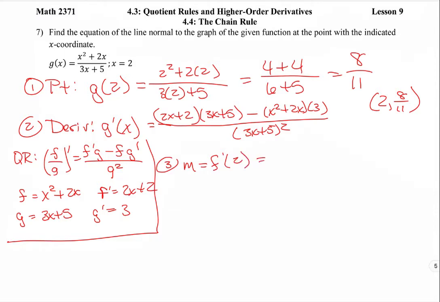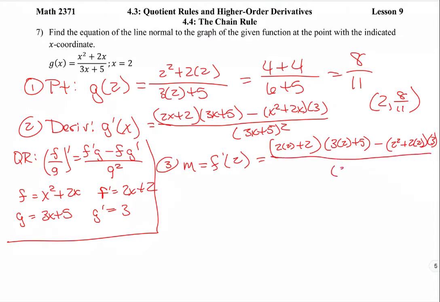So this equals (2 times 2 plus 2) times (3 times 2 plus 5) minus (2 squared plus 2 times 2) times 3, all over (3 times 2 plus 5) squared.